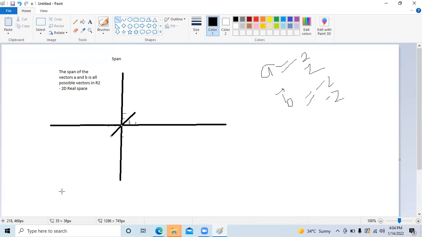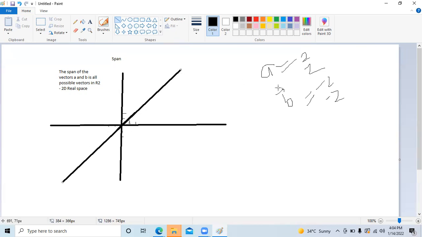So the span of these vectors is all possible vectors in this region. Let me make it make sense. The span of these two vectors is all possible vectors on this line. That's why we treated parametric equations of lines, right?